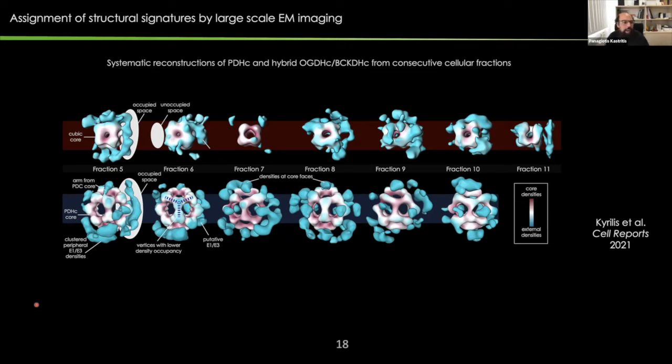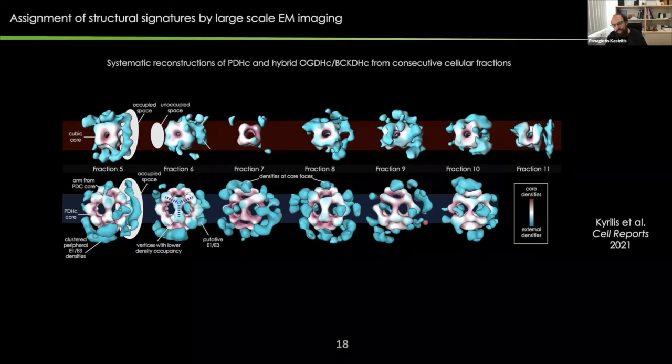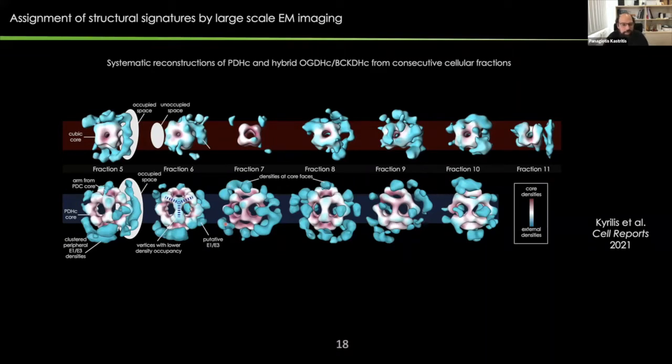What you can appreciate is that we can reconstruct asymmetrically the cubic core in the case of this complex and the icosahedral core in the case of this complex. All of this data suggests that this structure here is the pyruvate dehydrogenase complex, and this structure here is other types of ketoacid dehydrogenase complexes, either one or mixed.